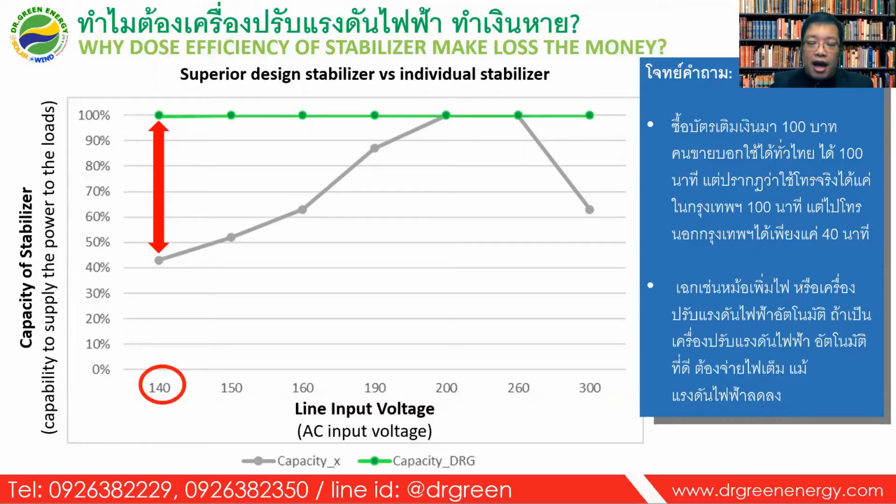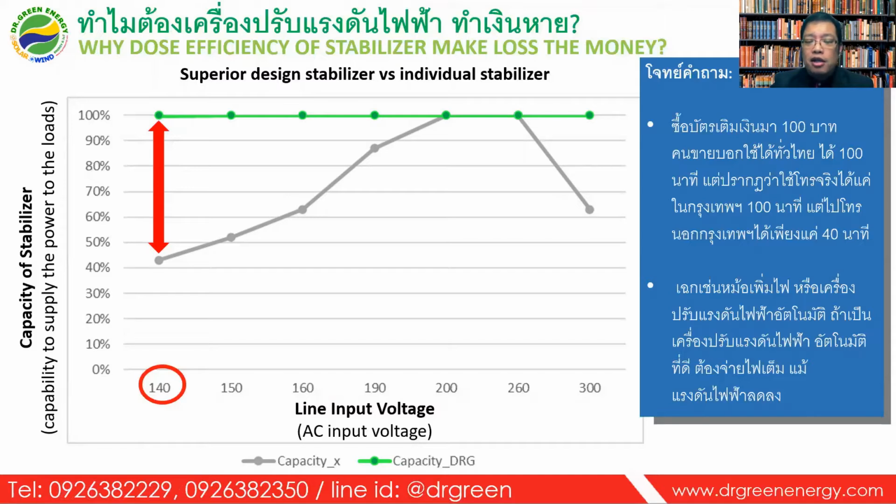So it should not significantly drop, like 60% of the capacity not being available once the voltage drops down to 140 volts. So you should be looking for a better option or a better design for the stabilizer.